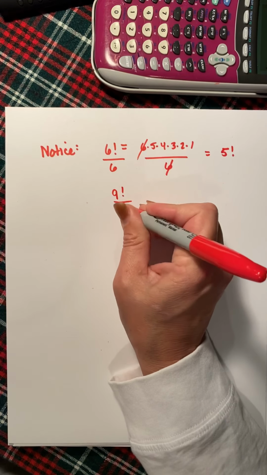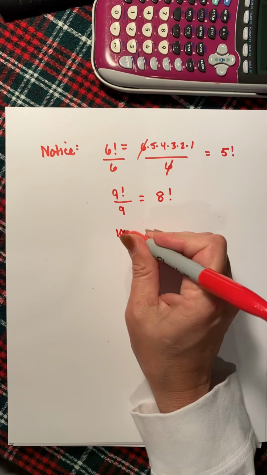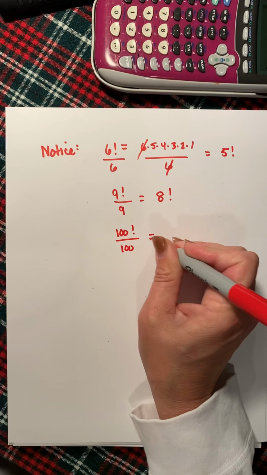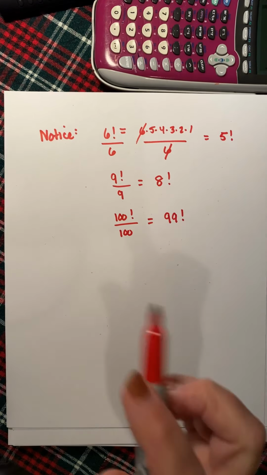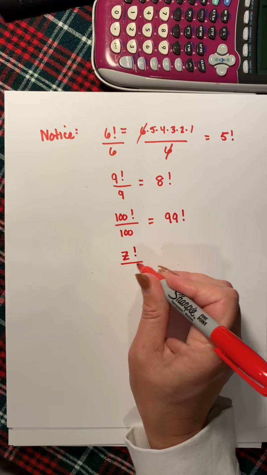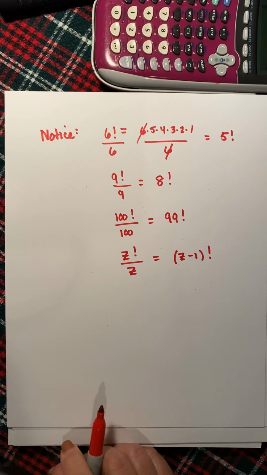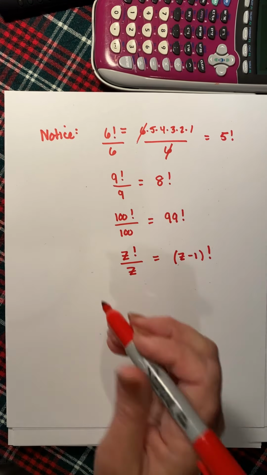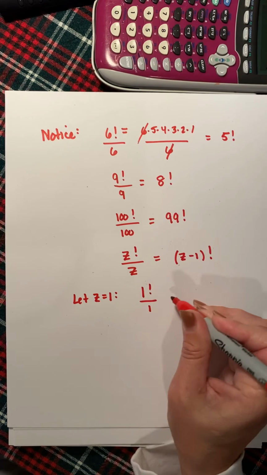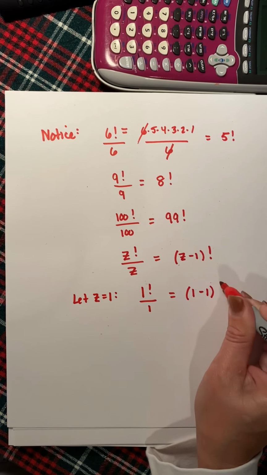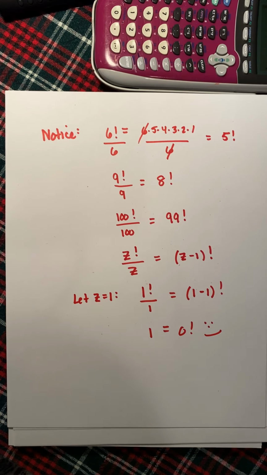So that being said, 9 factorial divided by 9 is just 8 factorial. 100 factorial divided by 100 is just 99 factorial. So in general, z factorial divided by z is z minus 1 factorial. Let's do it. Let z equal 1. 1 factorial over 1 is 1 minus 1 factorial. This is 1 equals 0 factorial. Okay, so just a little cool blurb of information.